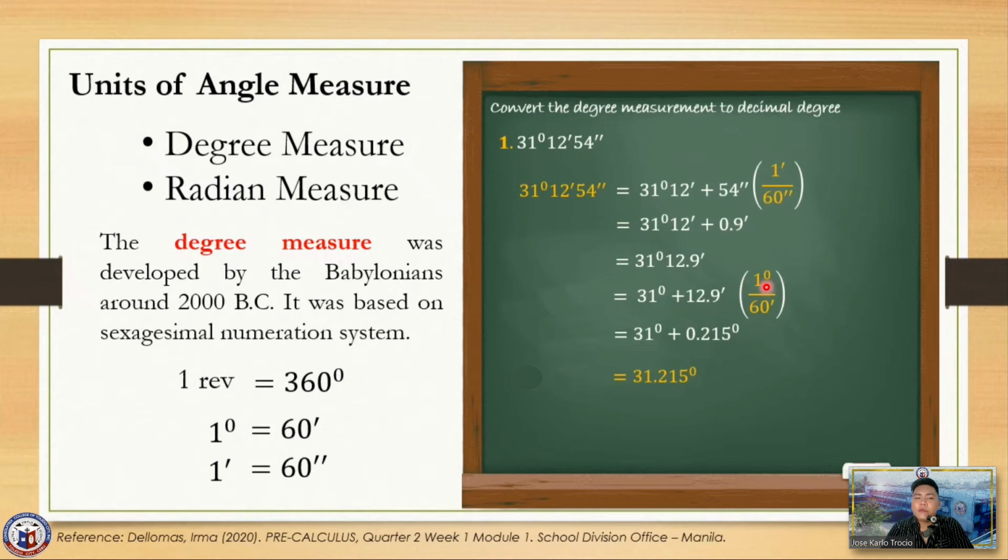So 12.9 minutes times 1 degree over 60 minutes. Since you have minutes in both, cancel, leaving you with the degree. 12.9 times 1, 12.9 divided by 60, that is 0.215. So you can now combine them, that is 31.215 degrees, or 31 and 215 thousandths degrees.